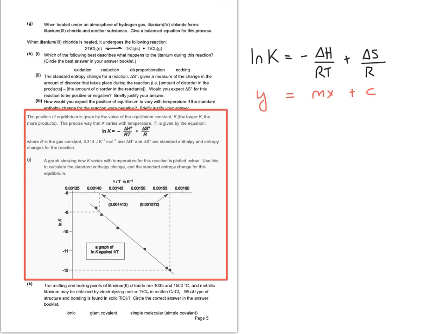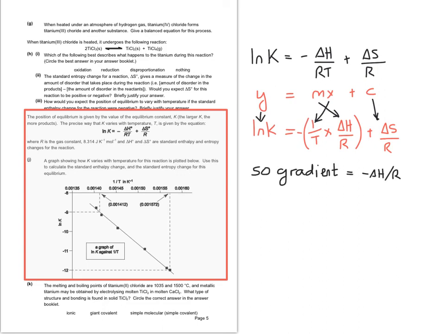The trick to this question is to recognize the equation they give you as analogous to y equals mx plus c, because you're dealing with a straight line graph. So we can rewrite the expression like that. If x is 1 over T, which we can see because the x-axis is labelled 1 over T, then minus delta H over R is going to be the gradient.